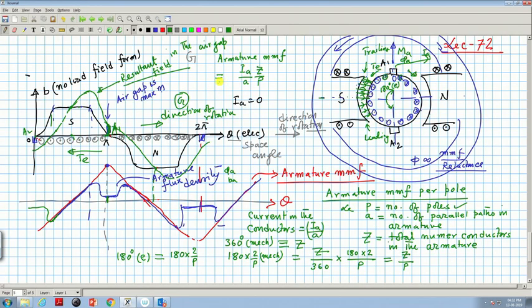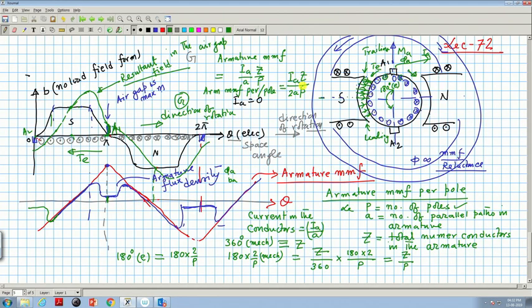Therefore, armature MMF per pole, let it be clumsy, but let everything be on this paper, should be I A Z by 2 A P. I found out the total number of conductors.